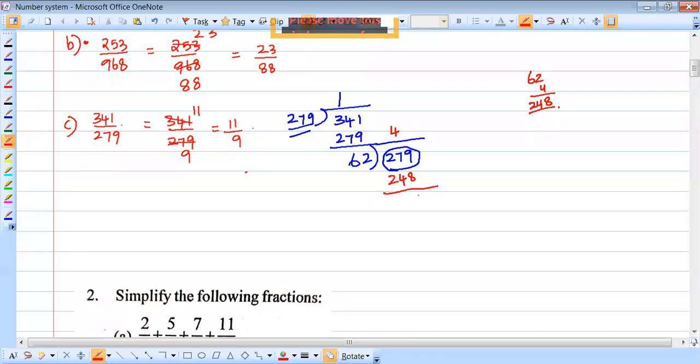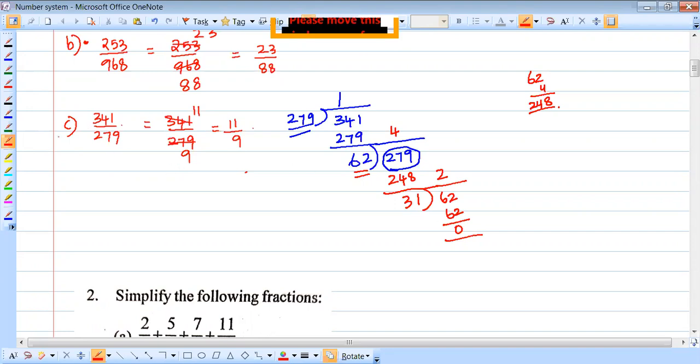Now divide this 131. Still we do not get the remainder as 0. Once again repeat the step. Which number do we have to put? 62. 2 times 31 is 62. What is the remainder? 0. So we have got the remainder as 0.